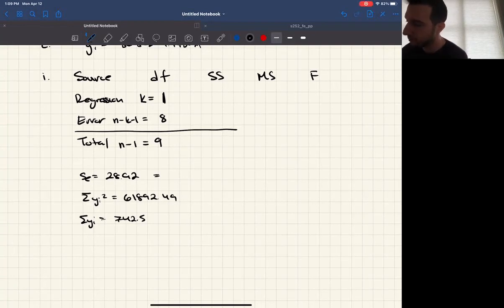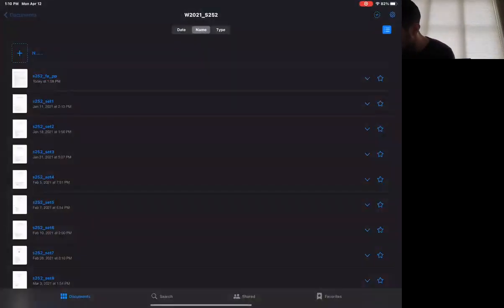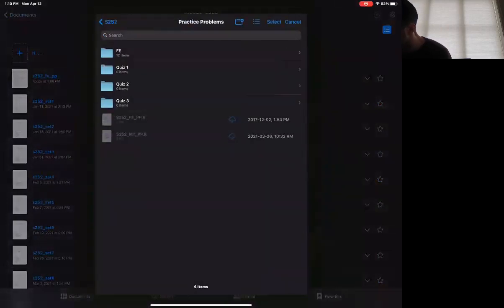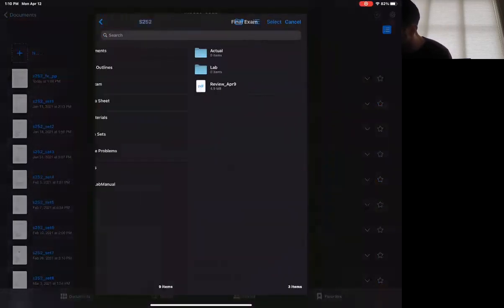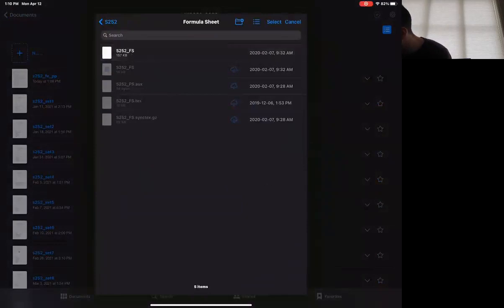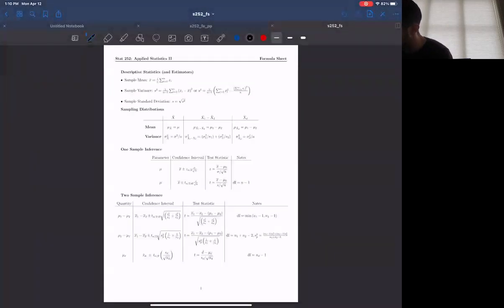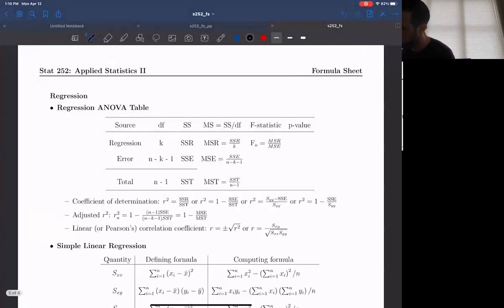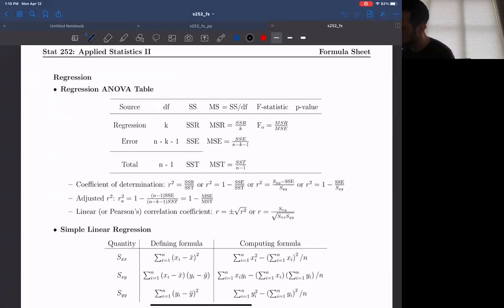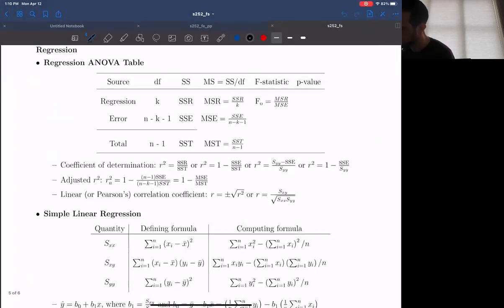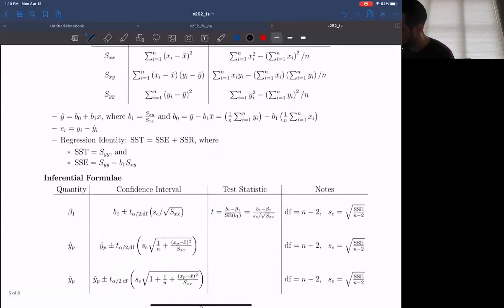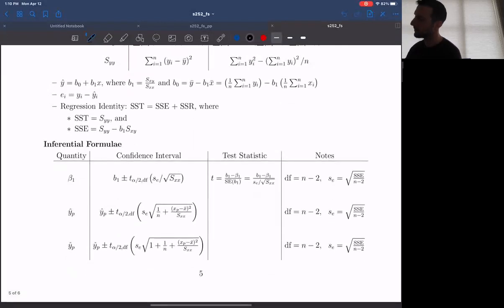For starters, little SE, so let's just pull up our formula sheet here. Here we go.